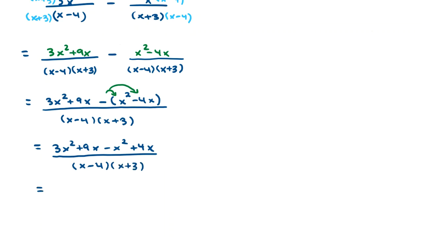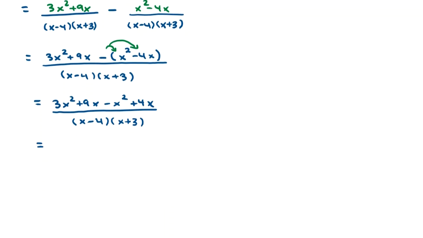All right, let's clean up that numerator a little bit more. Looks like we have a couple of like terms here. For instance, 3x squared minus x squared gives us 2x squared, and 9x plus 4x gives us positive 13x, all over x minus 4 times x plus 3.